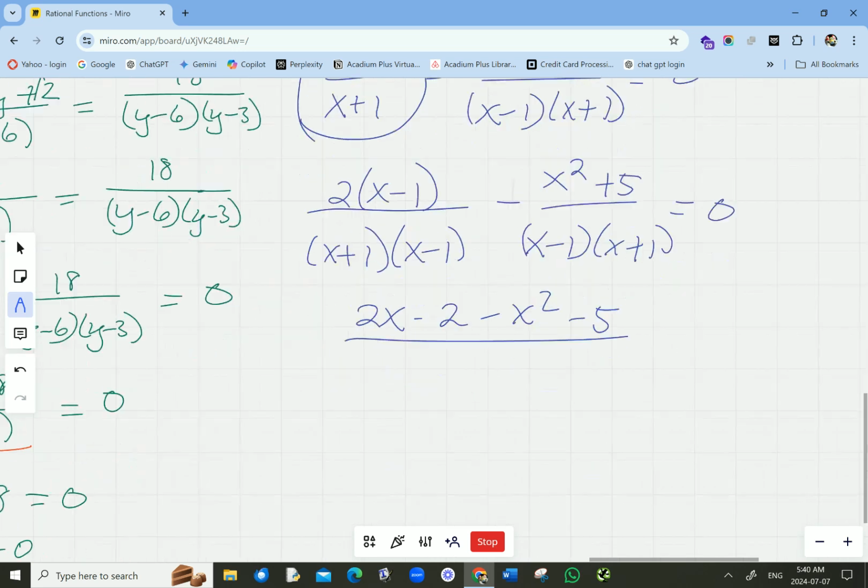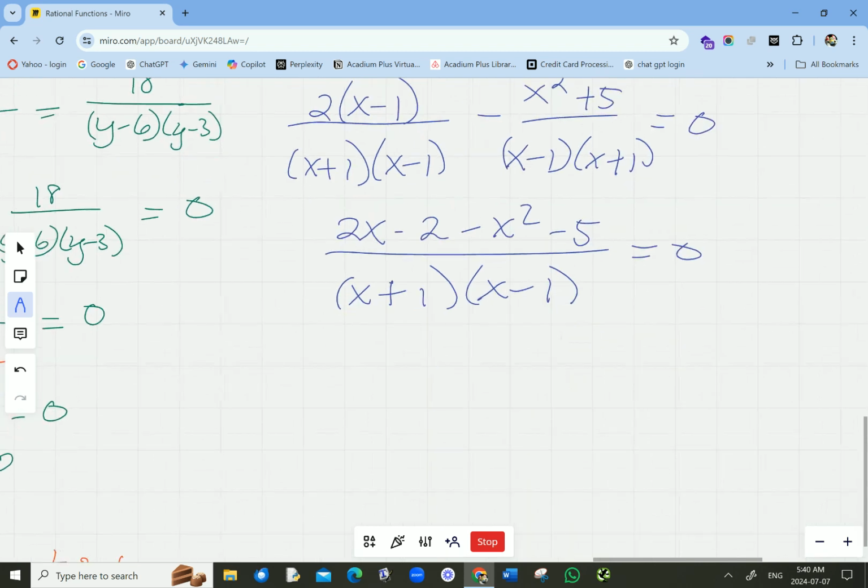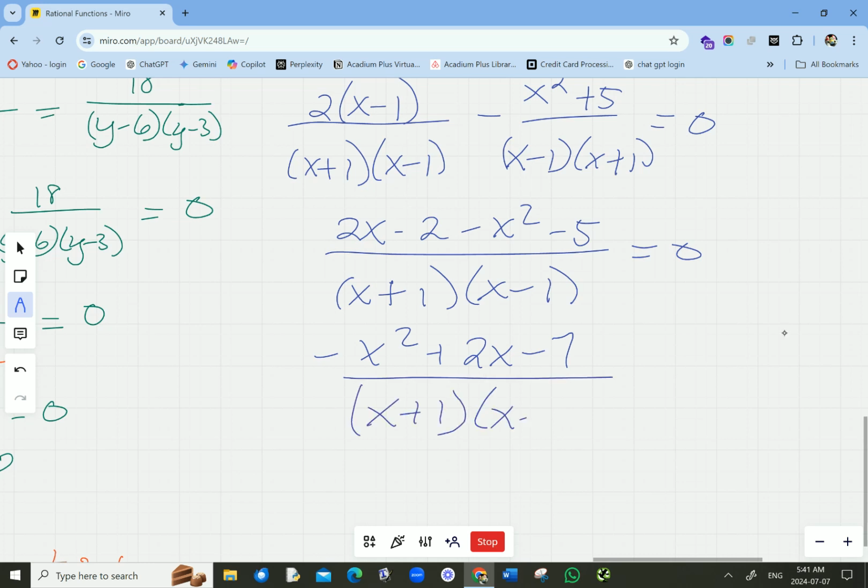So in the numerator we have 2x minus 2 minus x squared minus 5 over x plus 1 times x minus 1, and that equals 0. Let's simplify the numerator. So we get negative x squared plus 2x minus 7 all over x plus 1 times x minus 1, that equals 0.